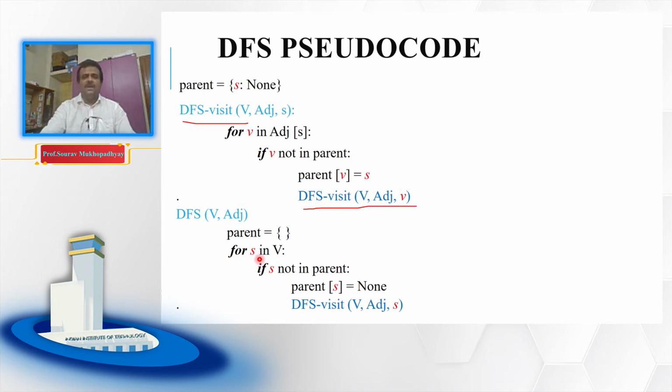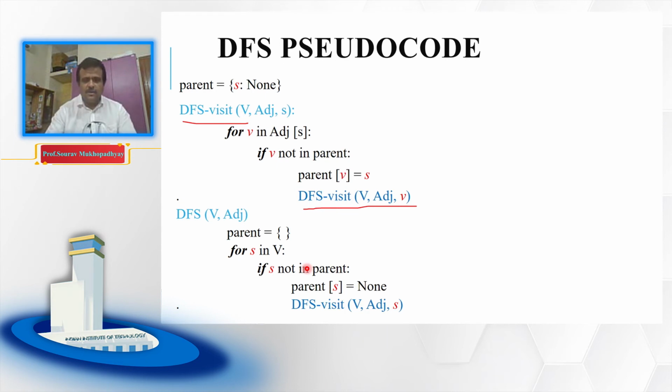This could be any arbitrary vertex. We start with a vertex S, and we want to explore all the vertices which are reachable from S, and then we take another vertex. If it is not done, that means it was not reachable from S, then we explore all the vertices reachable from that vertex.